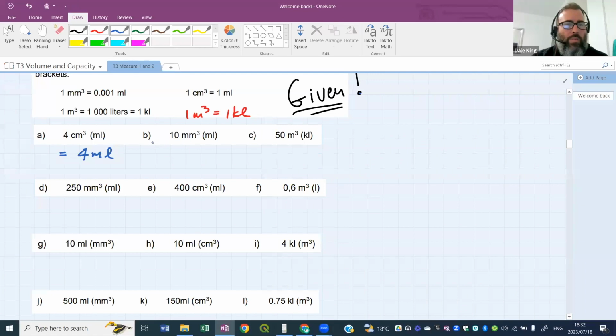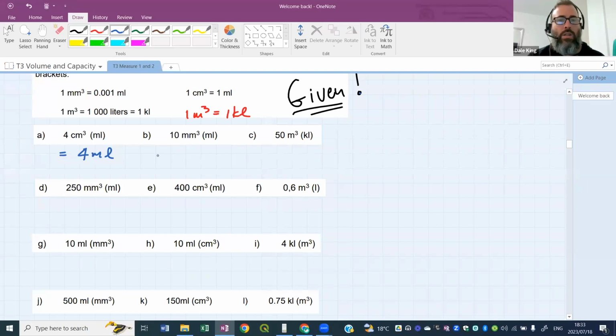All right, we're on B. We're going from millimeters cubed to milliliters. So I need to use this one here. Now, this one here is not a one-to-one conversion. You can see 1 millimeter cubed is 0.001 milliliters. Every 1 millimeter cubed, I have that many milliliters, but I've got 10 millimeters cubed.